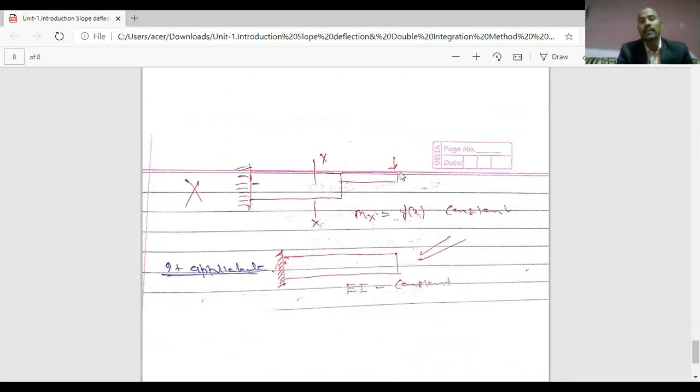Here EI varies. So that's why Mx is not constant, right? If we see the third beam, this beam is the prismatic type. You can say EI is constant all through the span of the beam.